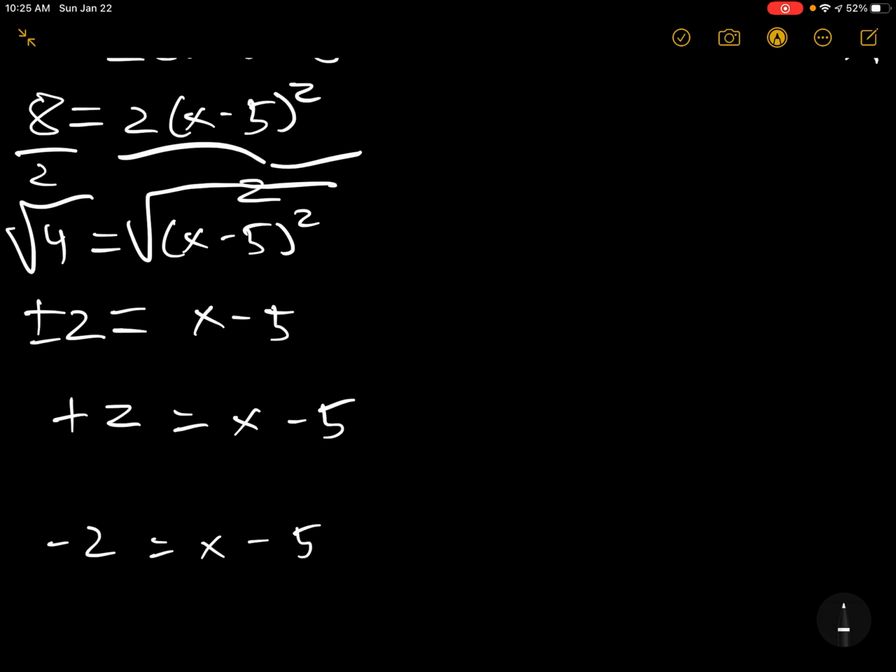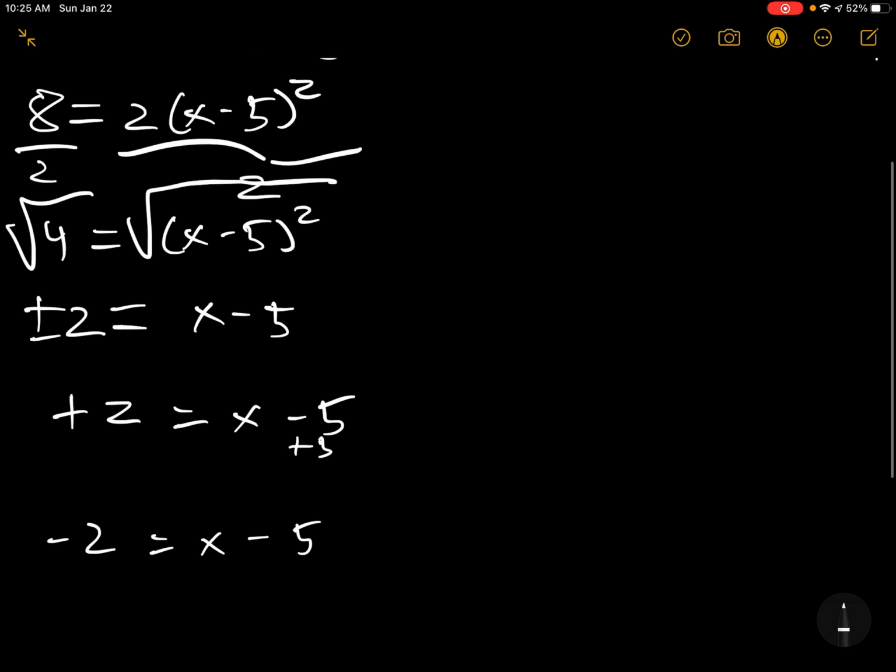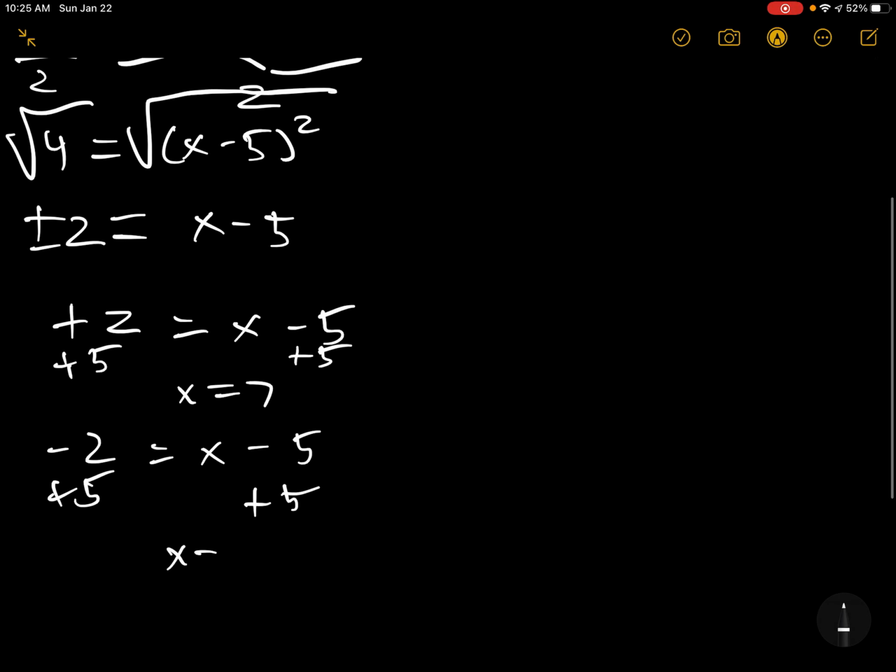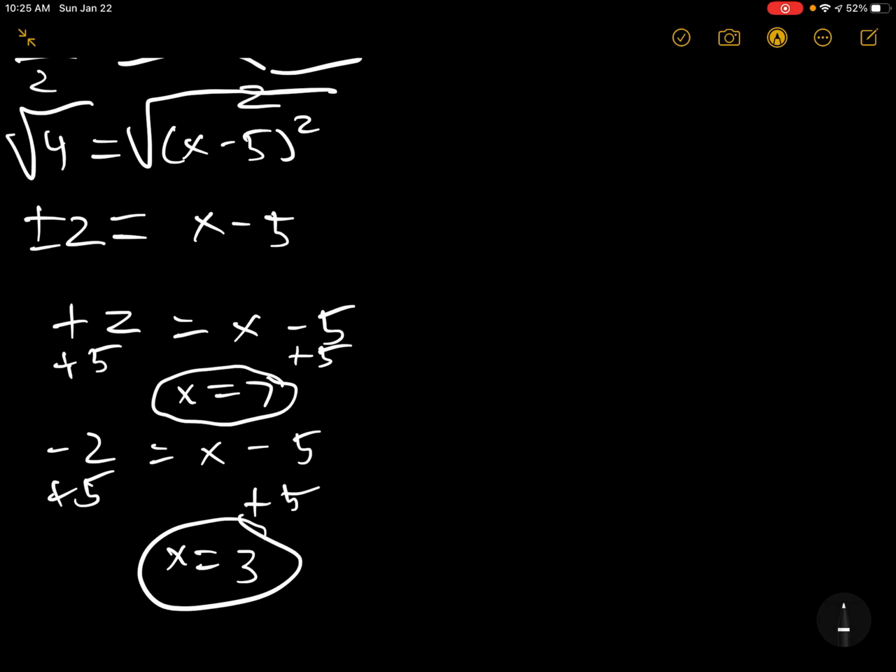Now, to get x alone, we just add 5 to both sides for this one, and we get that x is equal to 7. Then we do the exact same thing underneath, add 5 to both sides, and negative 2 plus 5 gives us a positive 3. So our x-intercepts are 7 and 3.